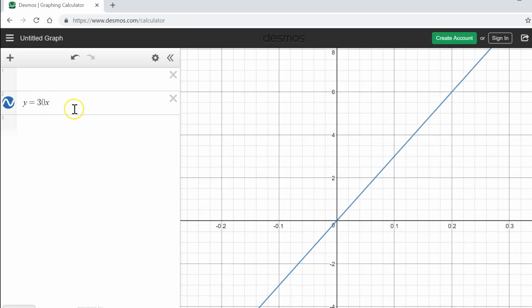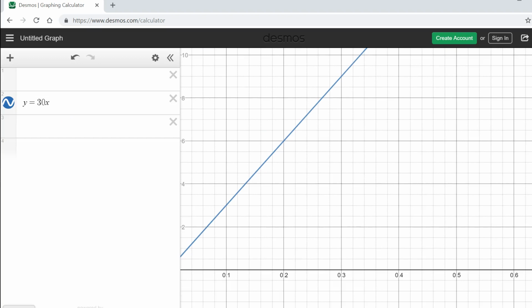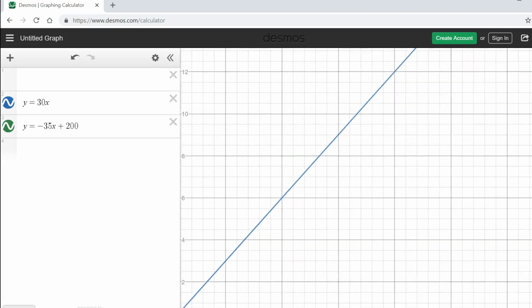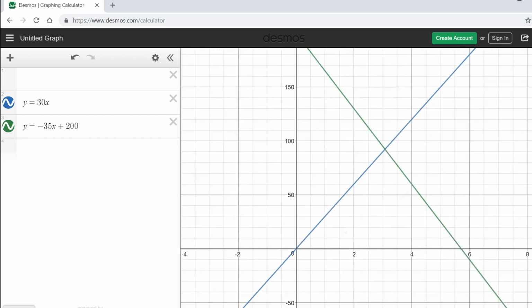So there's our first one. Our second one, moved around. Our second one was the car had a velocity in the other direction. So it was negative 25x, but it started at 200. So when I put those two in, now again I gotta kind of change the scale, make it all work. Oh, there we go.